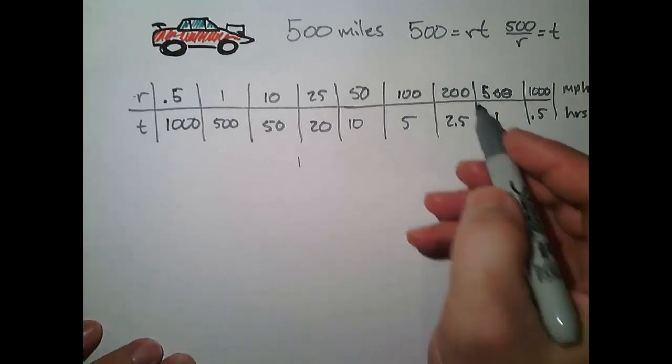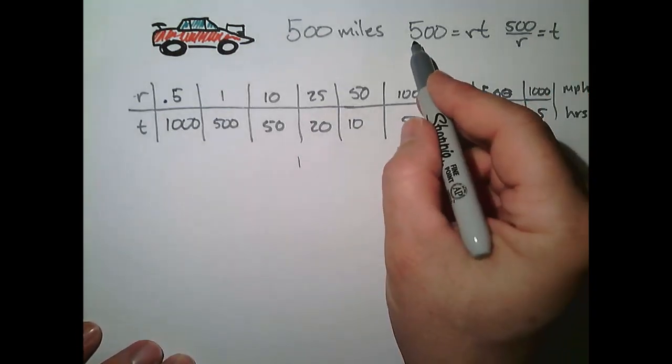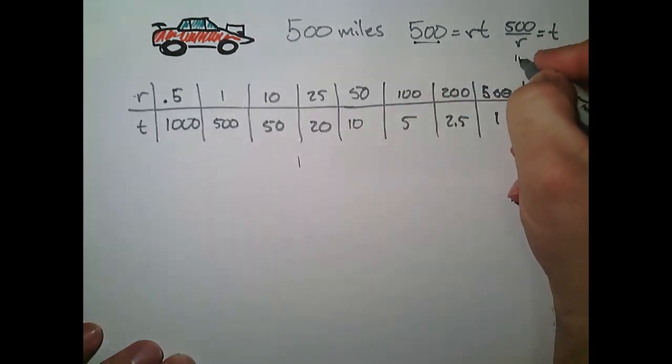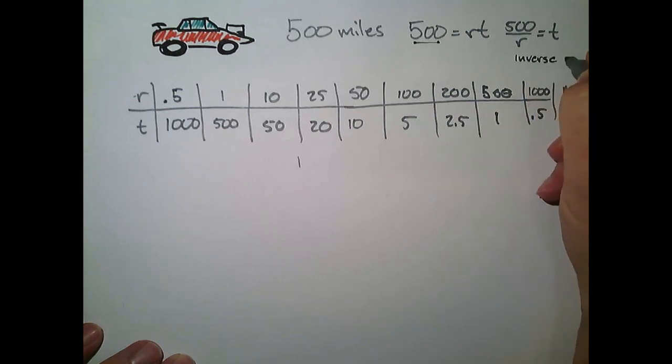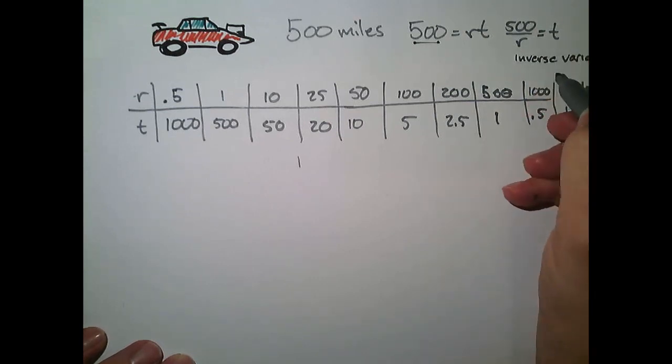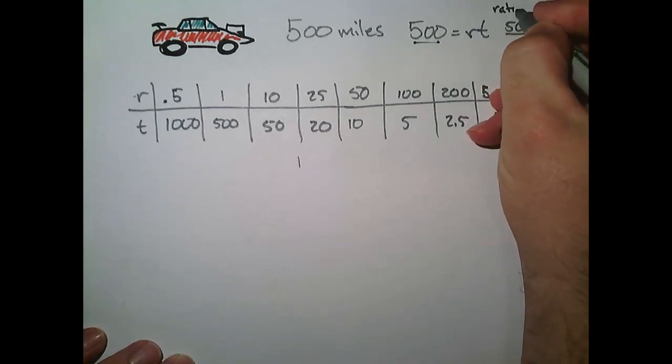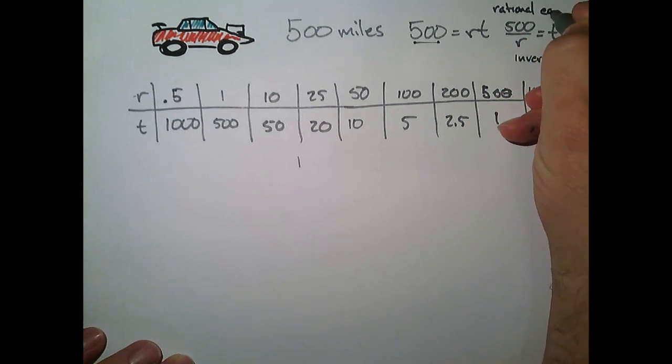So distance equals rate times time. When the distance is a constant, this becomes an inverse variation. And it becomes a rational equation.